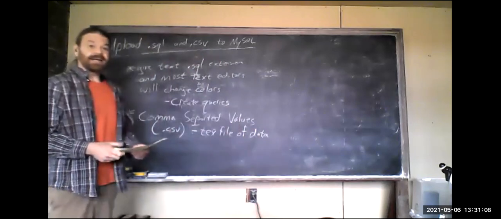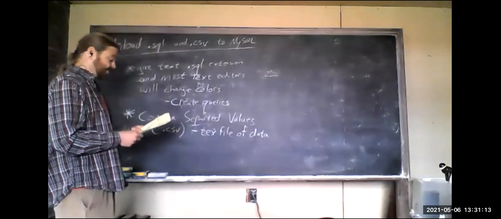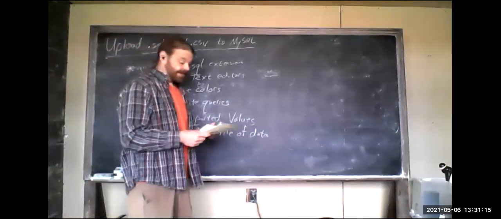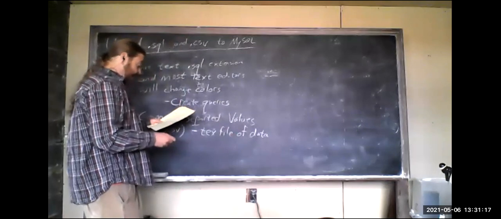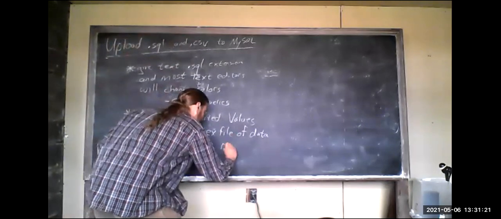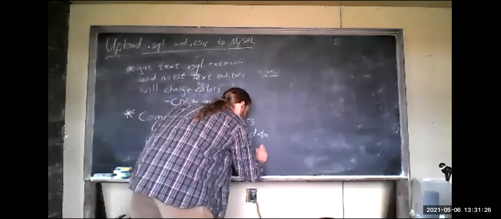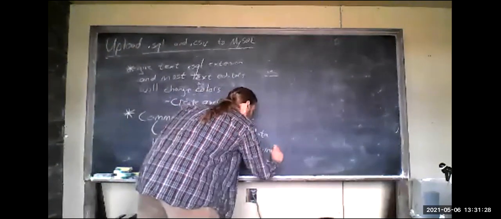We just put our data in a text file, lots and lots of data, as much as we want. We can make tremendously large text files. Each record gets its own row. Each record gets its own line.